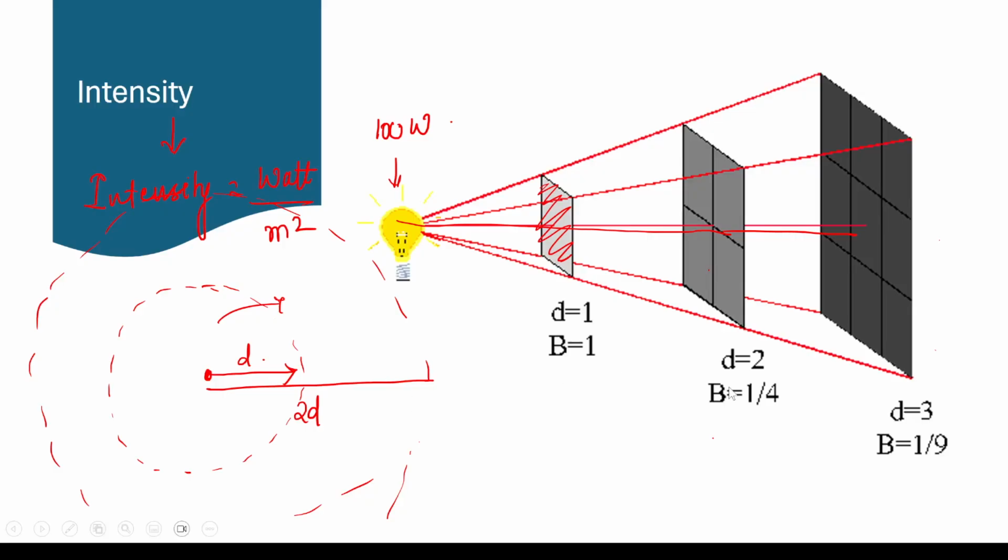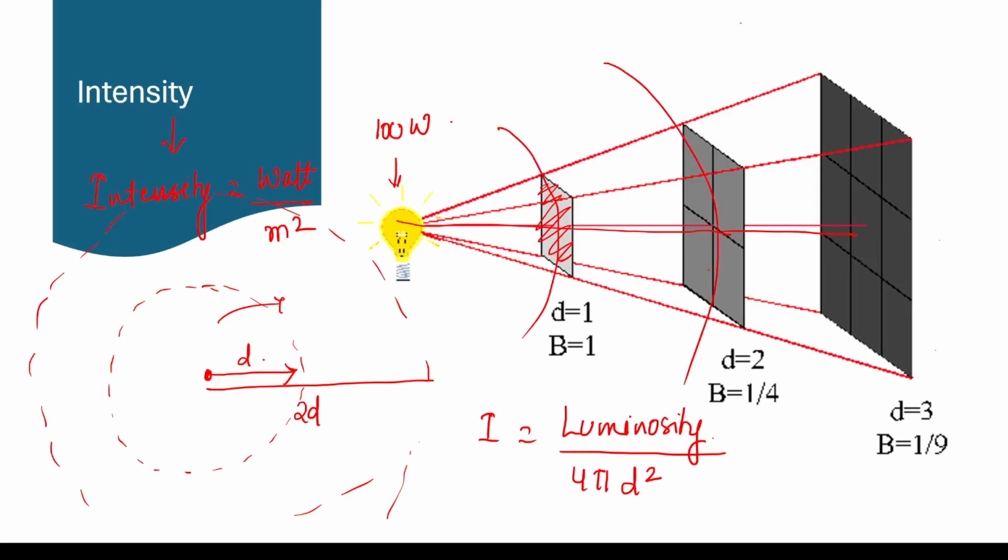So we define intensity as the luminosity, which is the light the star is emitting, divided by the area over which it is spreading. It's not the area of the star, it's the area over which it is spreading, so the whole sphere.